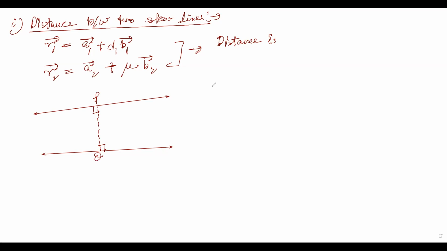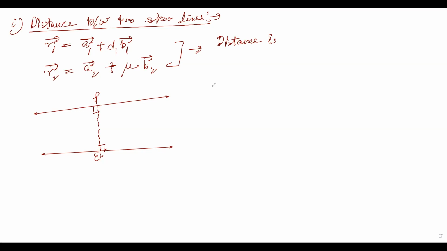Otherwise, if you talk about the largest distance, it would be infinity, taking the two endpoints of the lines. So the point is to find only the shortest distance. Hence, the shortest distance will always be perpendicular.